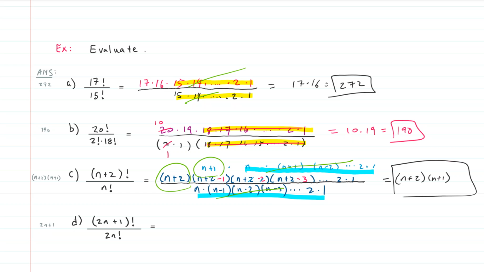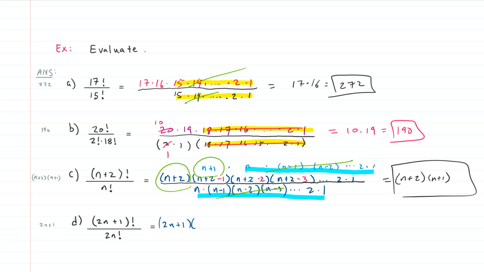This last one: 2n plus 1 factorial divided by 2n factorial. So again, we are going to start with 2n plus 1, because that is the term that's there to begin with. And then after that, we're going to subtract 1, right?